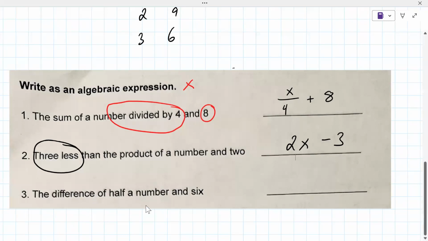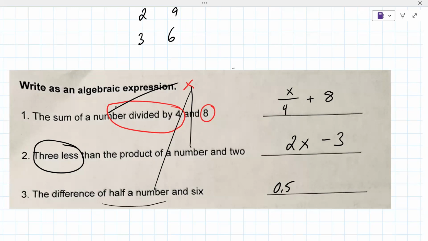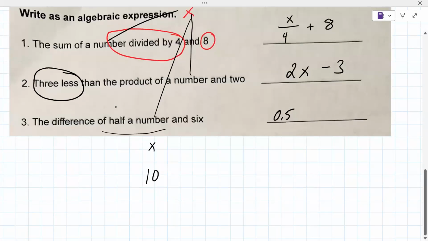So for the next one, would it be like 0.5 minus... Okay, half can be 0.5. Every time you see the word number, number means x. So 0.5 minus x minus 6. But it's half a number. Let's say your number is 10.